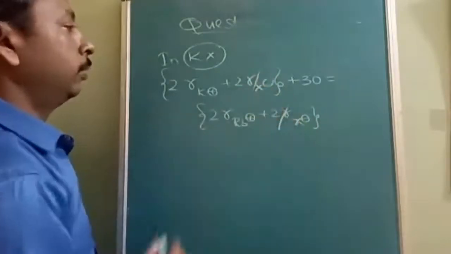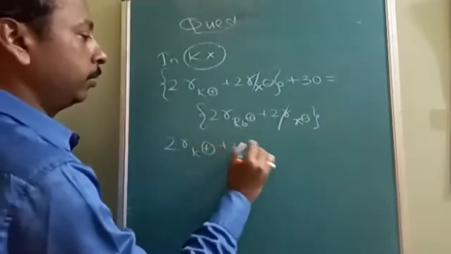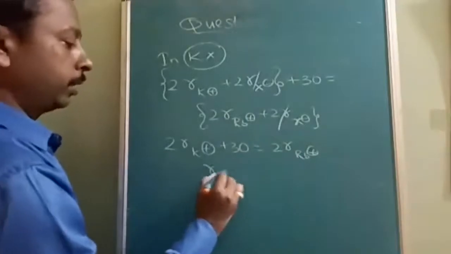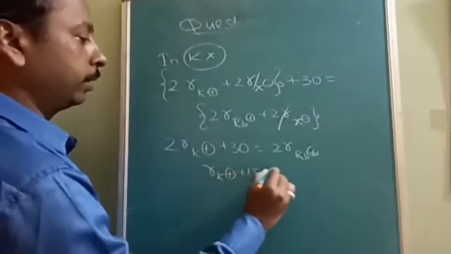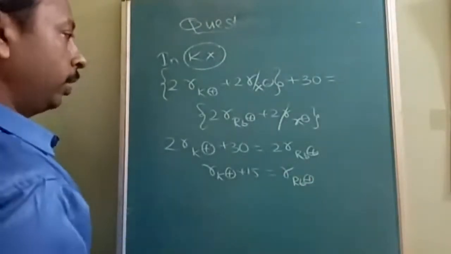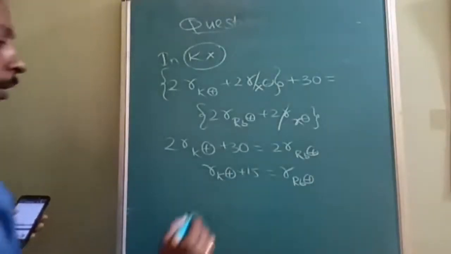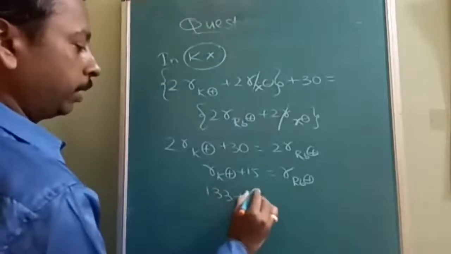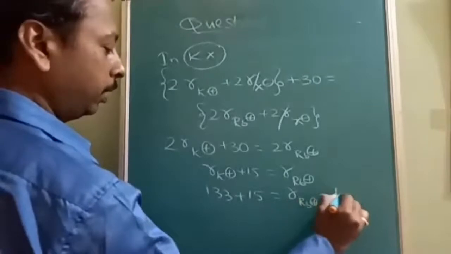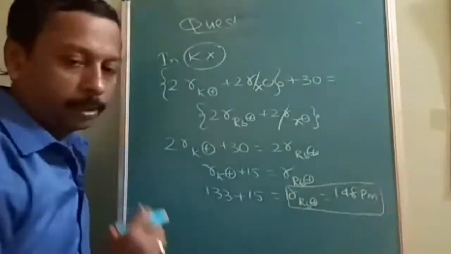Only 2 r K plus 30 is left over, equal to 2 r Rb plus. The 2 and 2 will get cancelled. r K plus 15 is equal to r Rb plus. Is it understood? Any doubt in this? Now r K plus is already given as 133. So 133 plus 15 is equal to r Rb plus. So it is equal to 148 picometer.